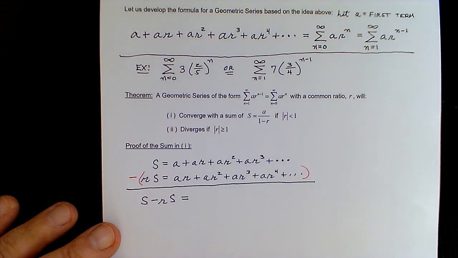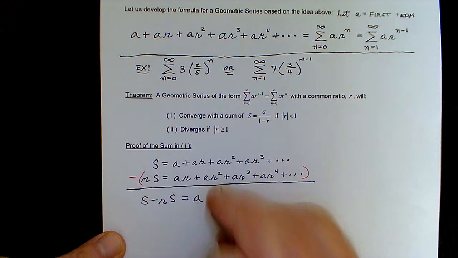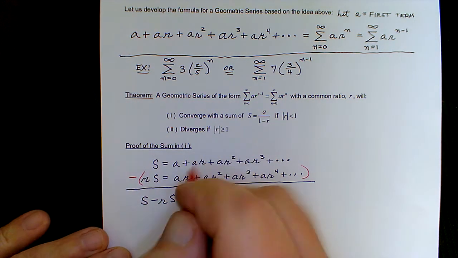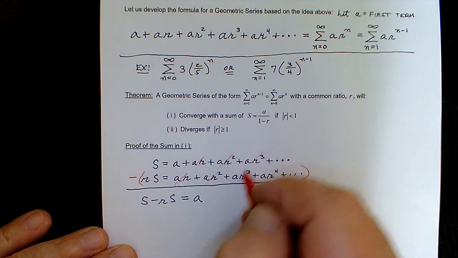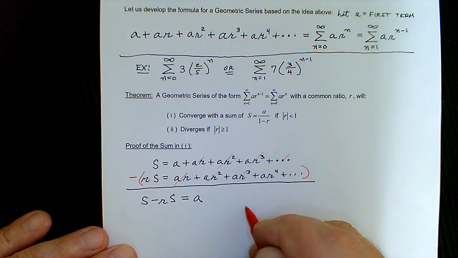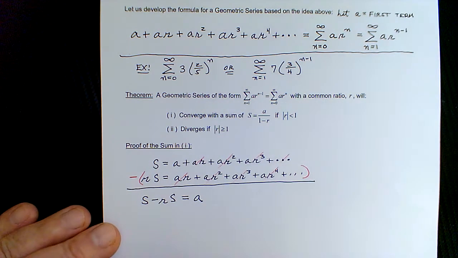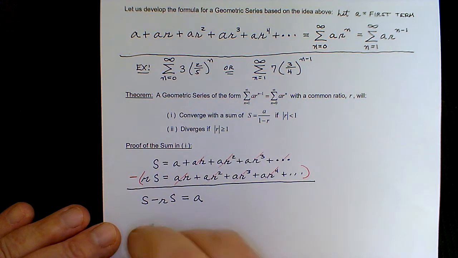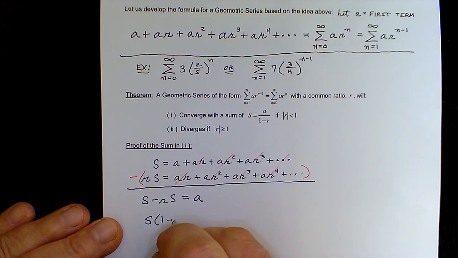Because this ar minus this ar, ar squared minus that ar squared, ar cubed minus that ar cubed. This is infinite. There's an ar to the fourth right there that goes away with that one. And everything else vanishes. So that's all we have. And then if we factor out the S, we're left with S times the binomial quantity 1 minus r equaling a, and dividing by 1 minus r, we've actually proven the formula.